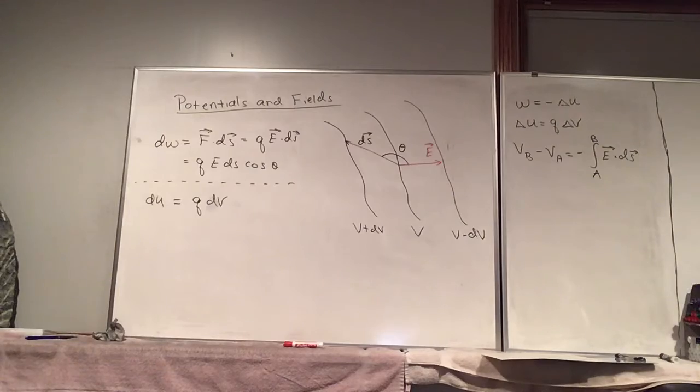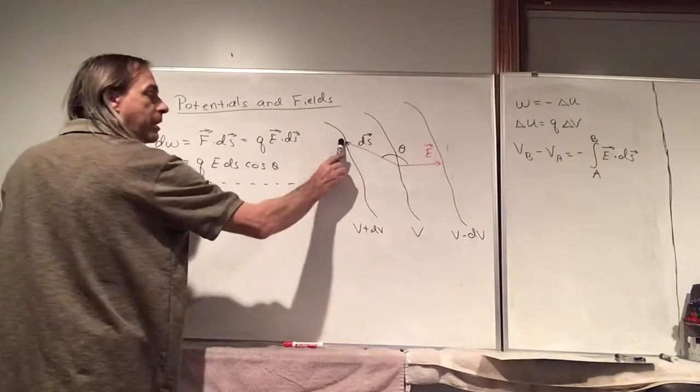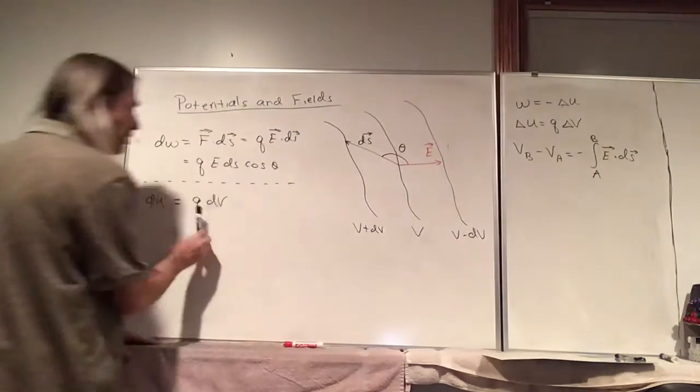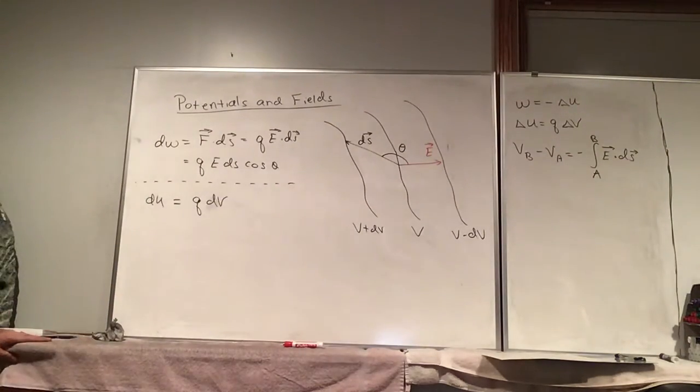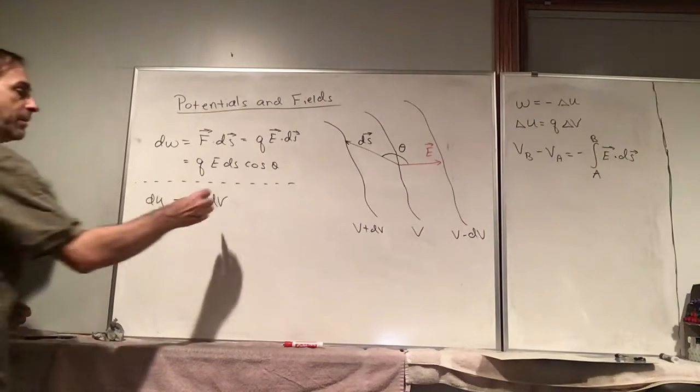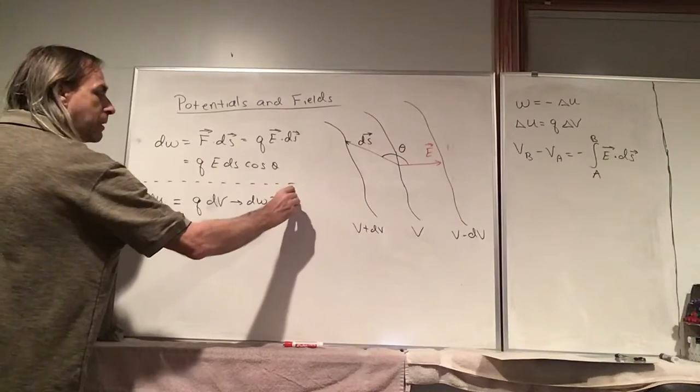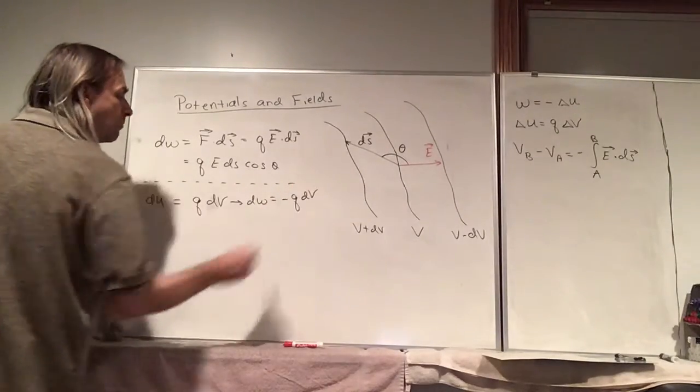And we're going from here to here. So we have the final value V plus dV minus V. So the change in energy is Q dV. And the work is minus the change in potential energy. So we have dW is minus Q dV.